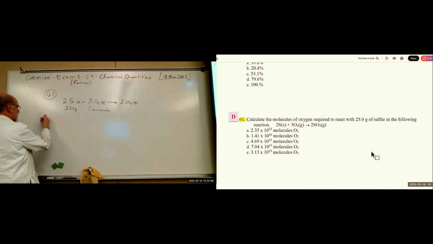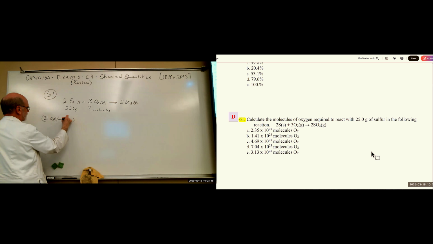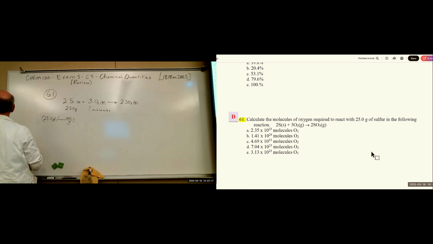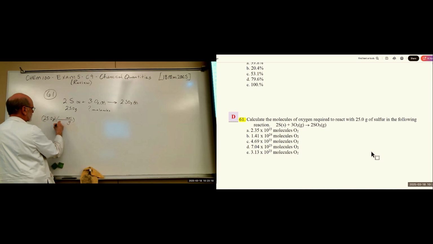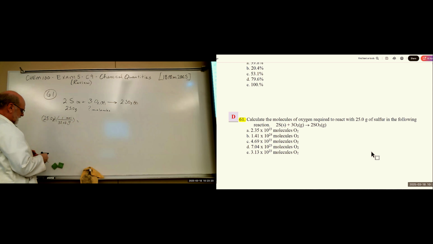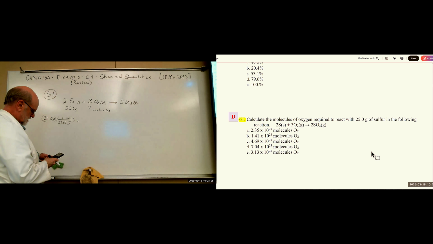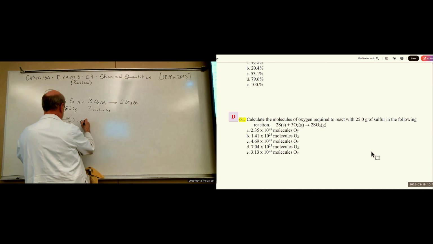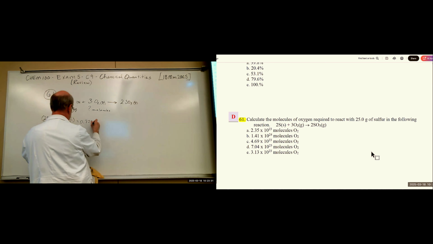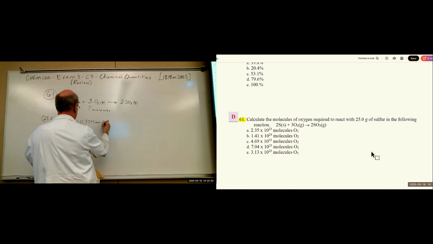Okay. So we got to convert sulfur to moles before we can do anything. Molar mass of sulfur is 32.07. Divide that into 25. And I get 0.7795 moles of sulfur.